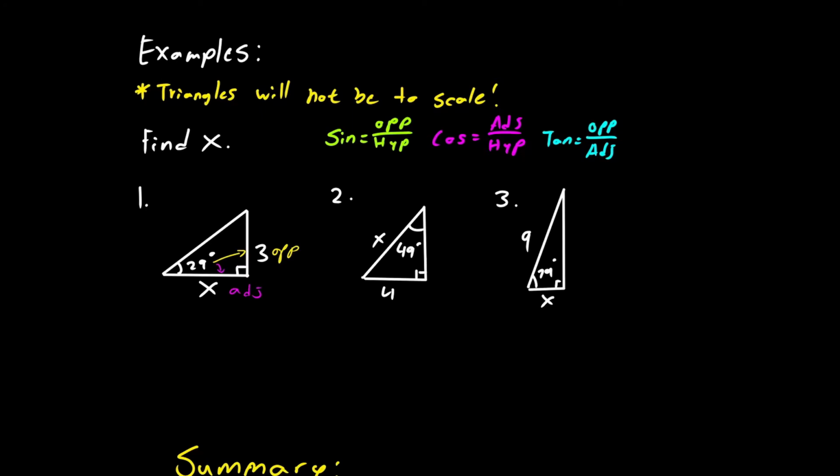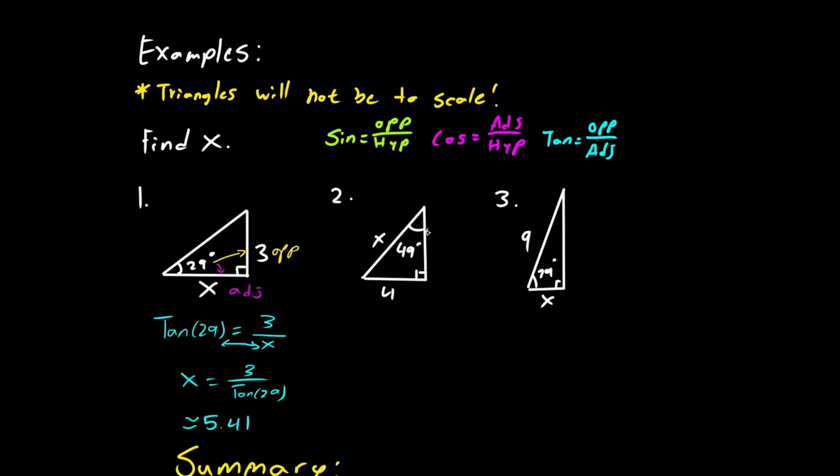So we can say that the tangent of 29 is equal to the opposite over the adjacent, 3 over x. Okay, now let's just solve for x. A trick you can do is that if there's a number in the denominator, you just flip it, and you can write x is equal to 3 over tangent 29. And you end up getting 5.41 approximately.